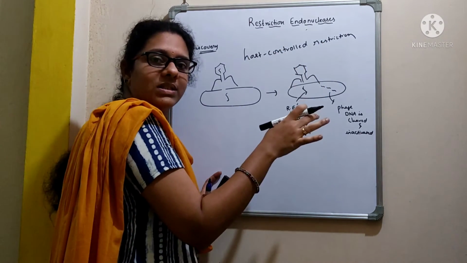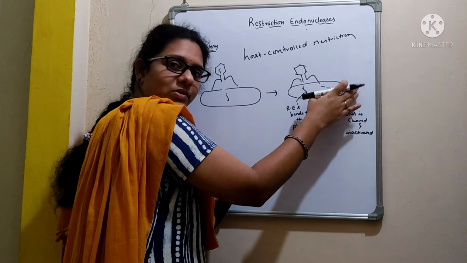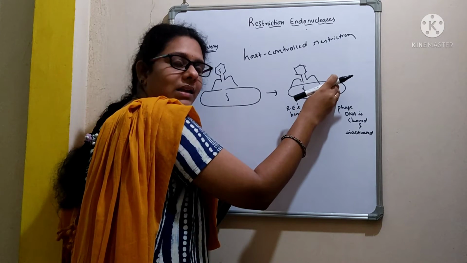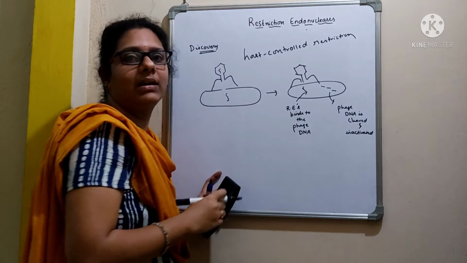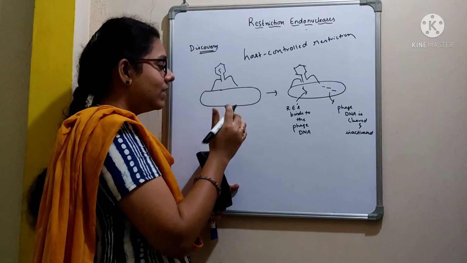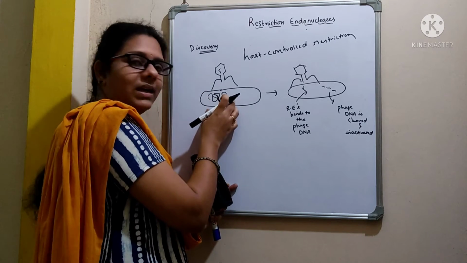So what is the host here? The host is the bacterial cell, right? This bacteria is producing the restriction enzymes that are digesting the DNA from the bacteriophage. Now you may have a doubt that the bacteria also has genetic material called DNA.